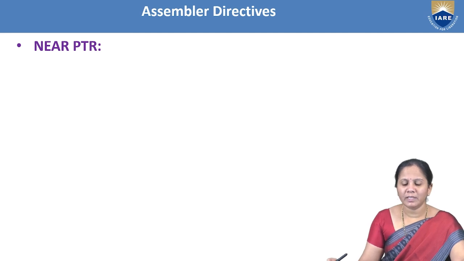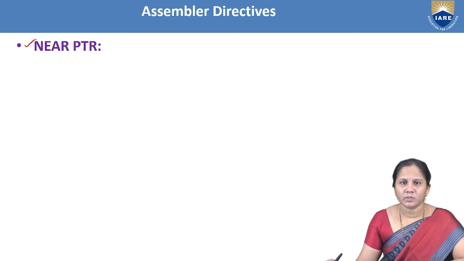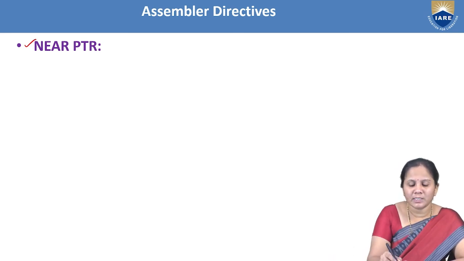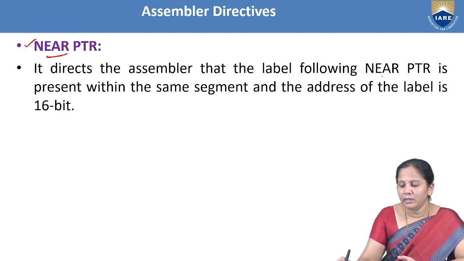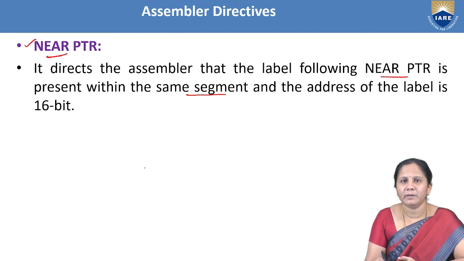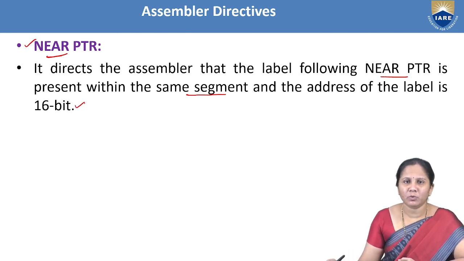Now, similarly, the next assembler directive is near PTR. So near PTR represents near pointer. As we know here, near means it will be present within the segment. So here near PTR is present within the same segment and the address will be indicated with the help of 16-bit only.